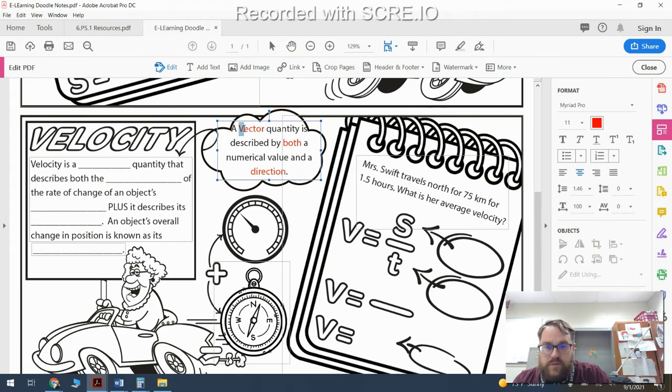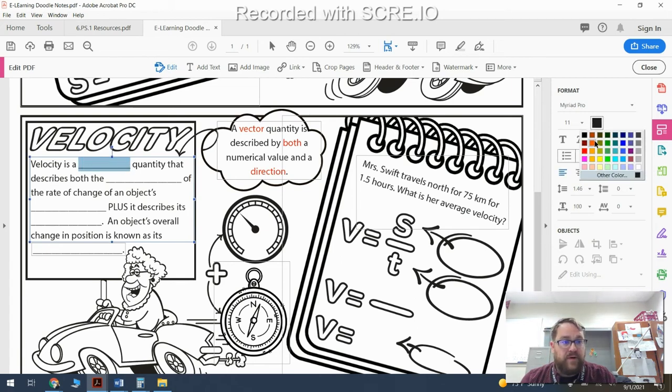So velocity measures both a numerical value and direction. The numerical value would be the speed. But then we would also have to talk about what direction it is going to make it a velocity.